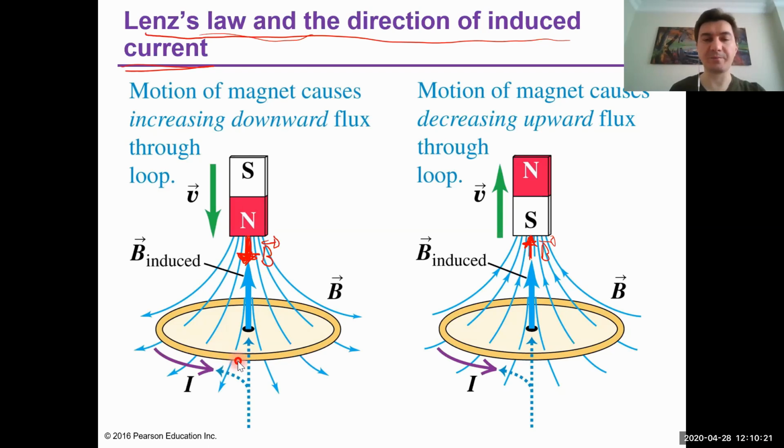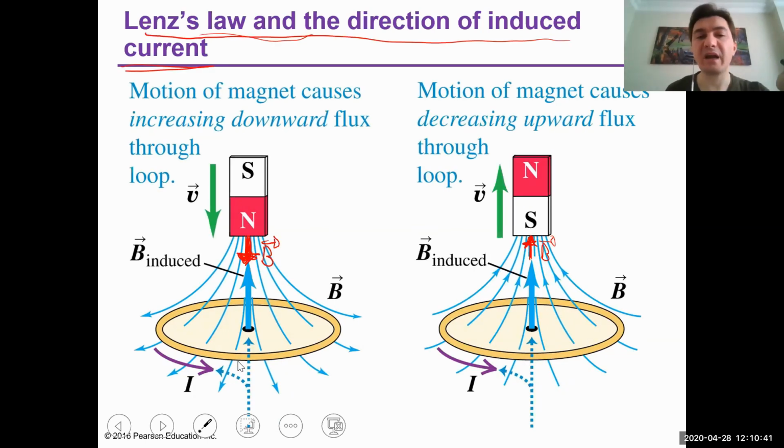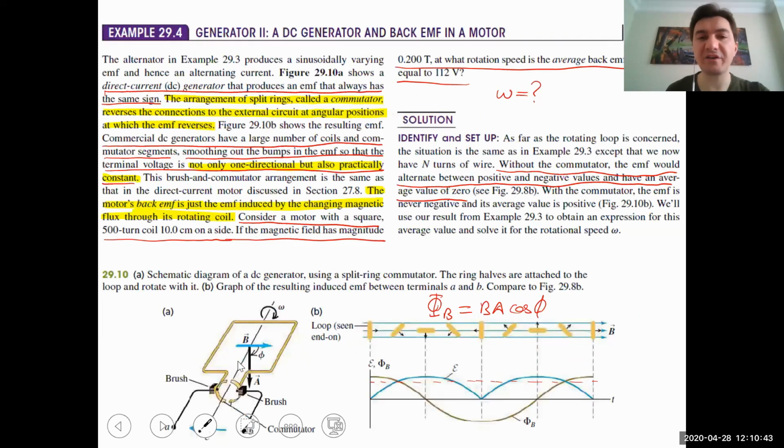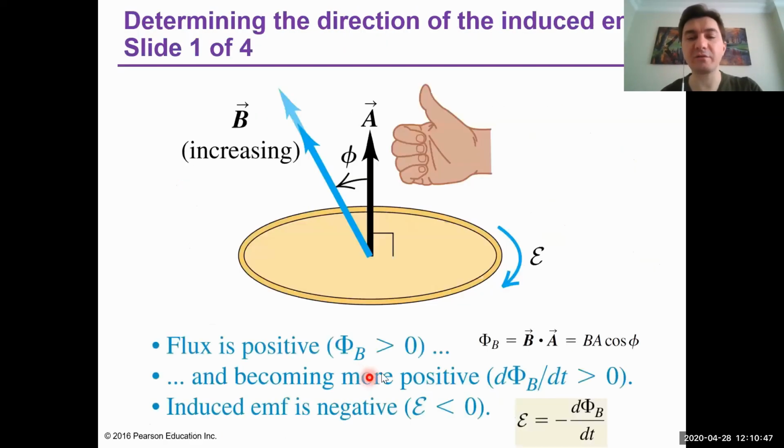in the loop. Do you have any question? Actually, we have already determined the direction of the EMF and the direction of the current in the loop by using those 2 formulas. This is the magnetic flux, this is the change in the magnetic flux, okay?